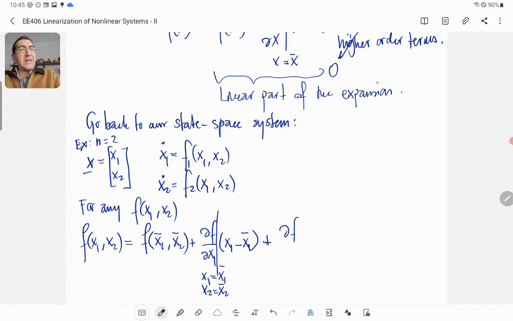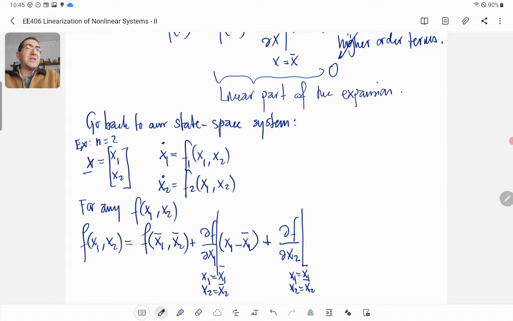Plus, now I need to continue to take the derivatives because the function is a function of both variables. So it's like changing in both directions. I need to first take the derivative with respect to the first direction and then multiply with the deviation from the chosen point, and then take the derivative with respect to the second direction or the second variable, and still evaluate the function at both of these values.